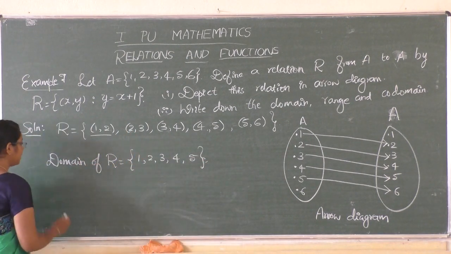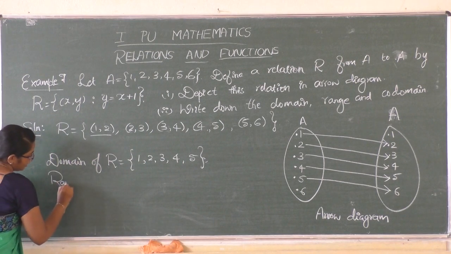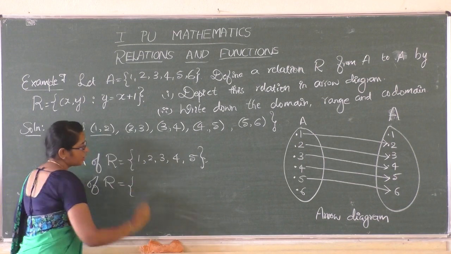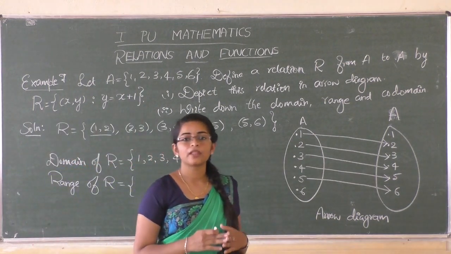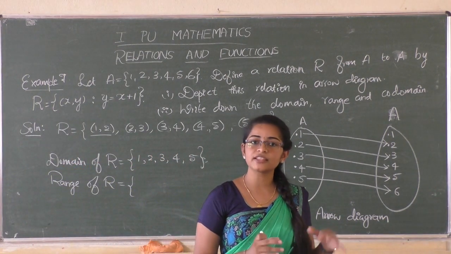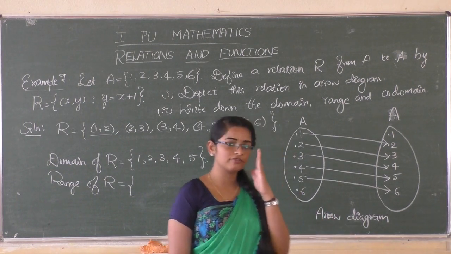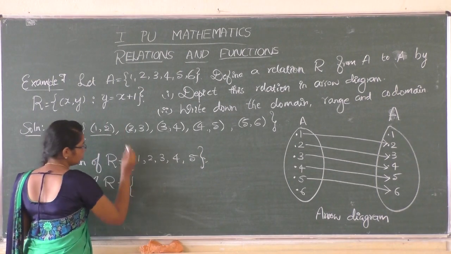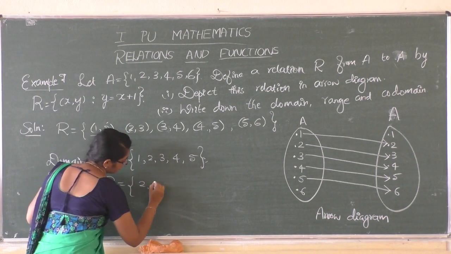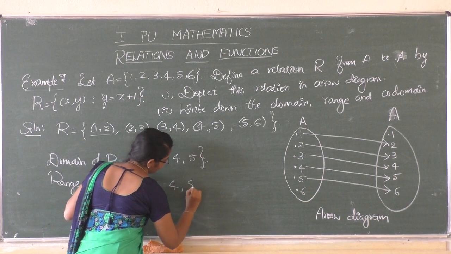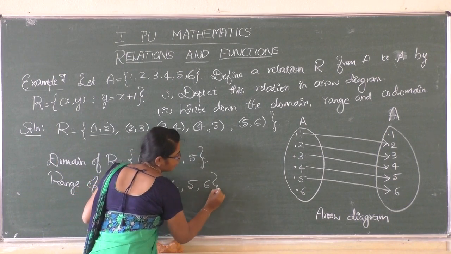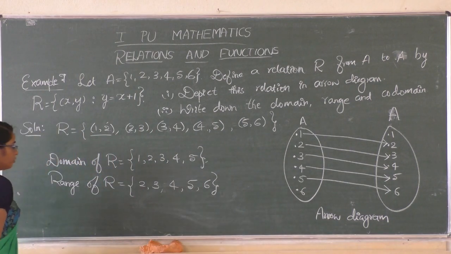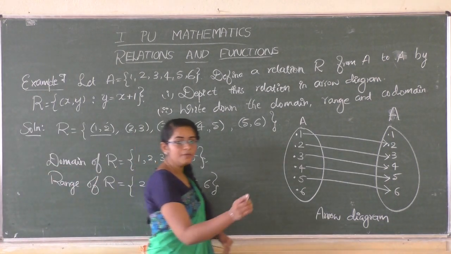Fine. Then the range of the relation R, according to the definition, is the set of all second elements of the ordered pairs in the relation. That is 2, 3, 4, 5 and 6. Is it right? Okay.